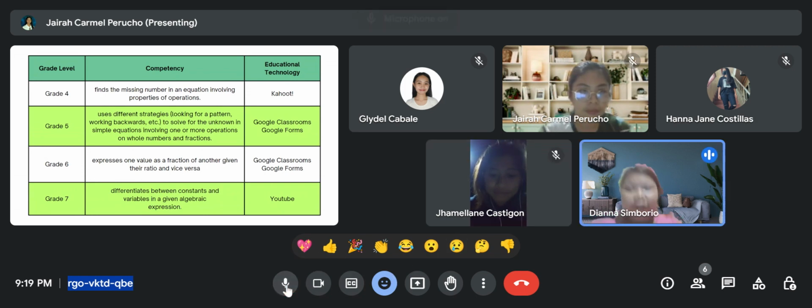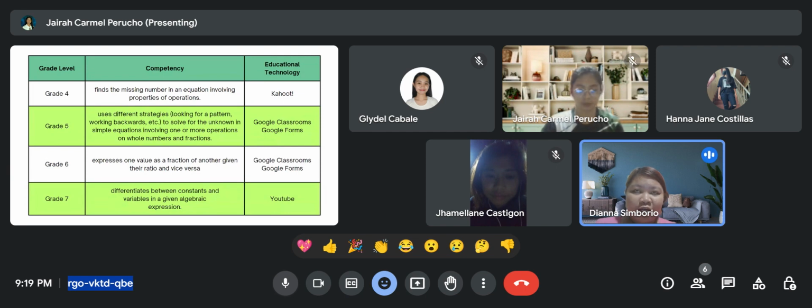So for the grade 6 level, we have the educational technology, which is the Google Classroom and Google Forms, where the competency is to express one value as a fraction of another given the ratio and vice versa.